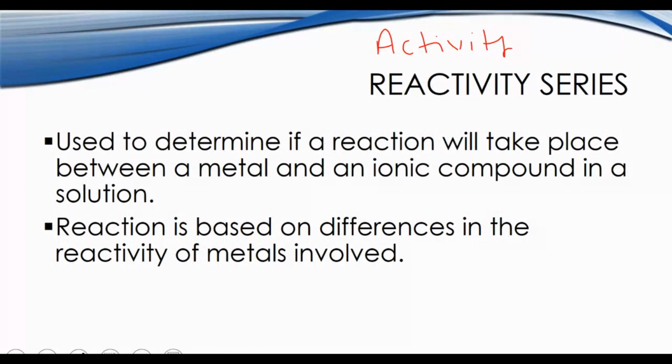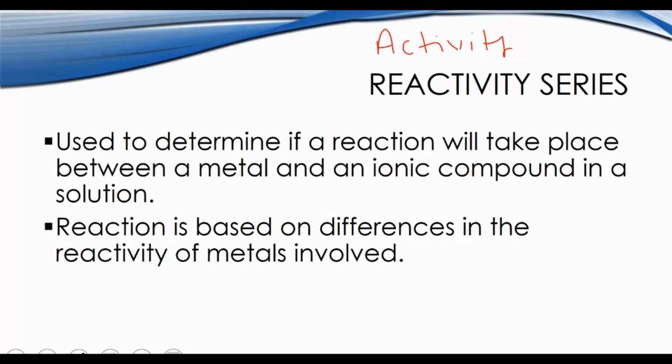Now, as the definition here on the first bullet point on screen says, it is used to determine if a reaction will take place. Now, when we were talking a couple of minutes ago about the single unbonded element coming in and replacing the element inside of the compound, well, not every single time will that actually happen.